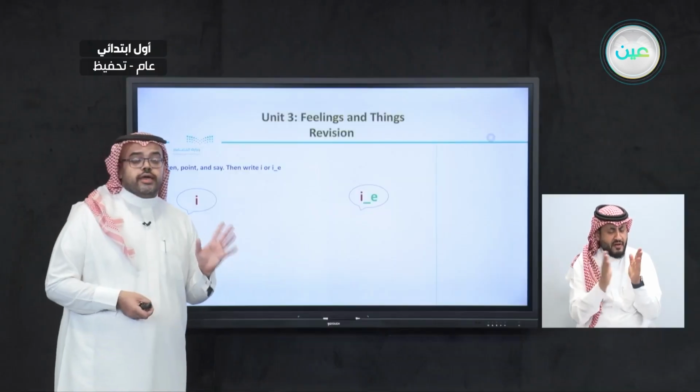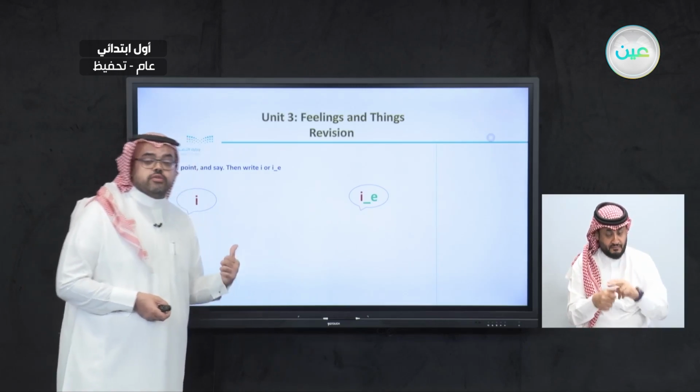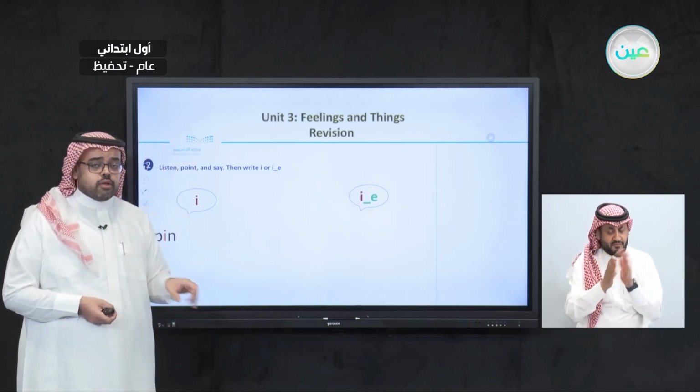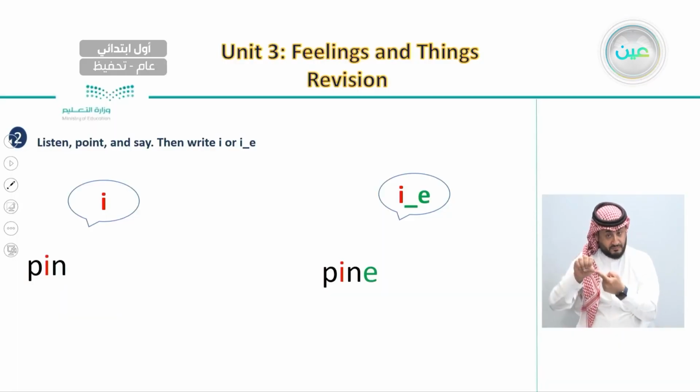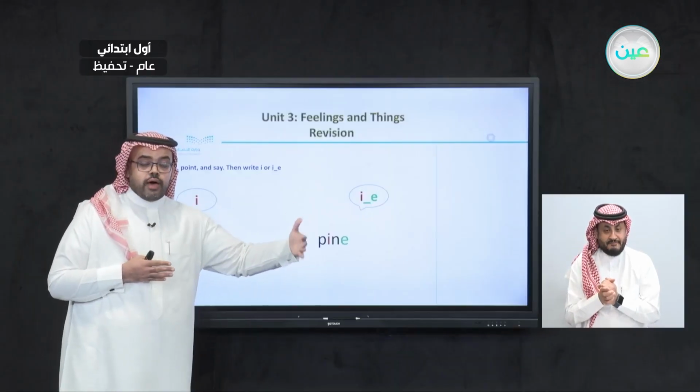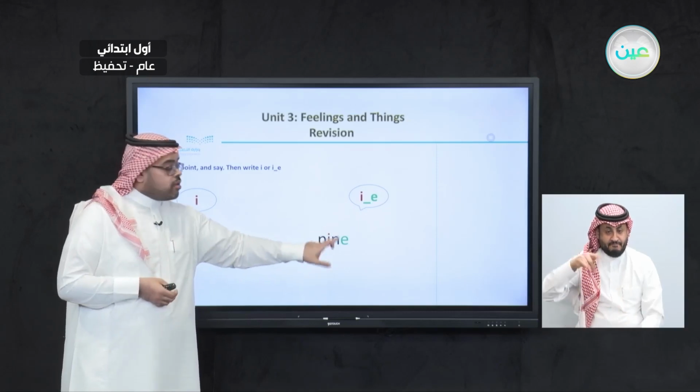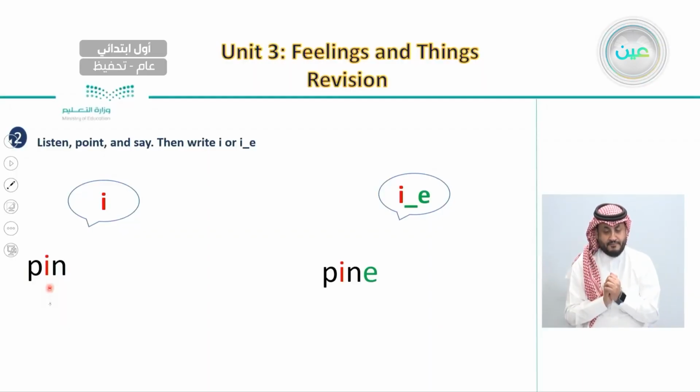The I here we pronounce as a short vowel, pen. And also the I with the other word, let's listen to how we pronounce it and then we can practice. We pronounce this word as pine, pine. So here we pronounce I as a long vowel, pine, pine. So here we have pen, pine, pen and pine.